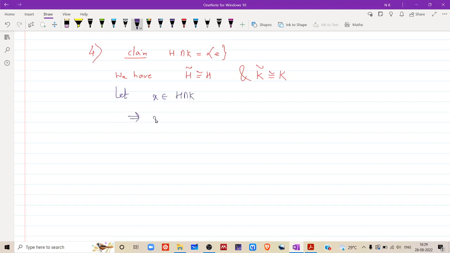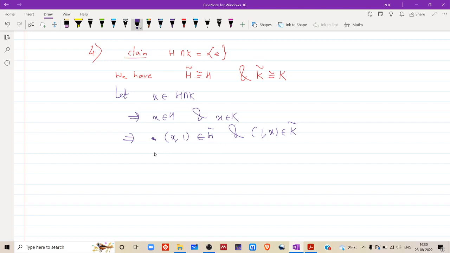So this implies x belongs to H and x belongs to K. But if x belongs to H, then H is isomorphic to h tilde, so we can take (x, 1) belongs to h tilde, because x belongs to H. And x belongs to K also, so (1, x) belongs to k tilde.